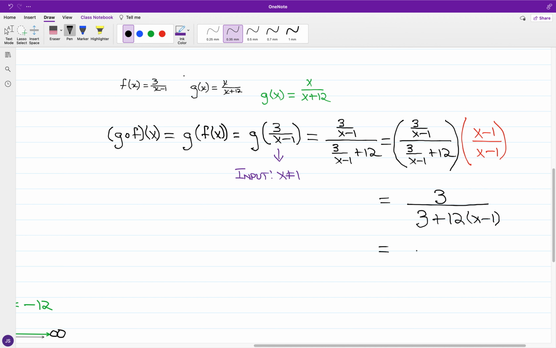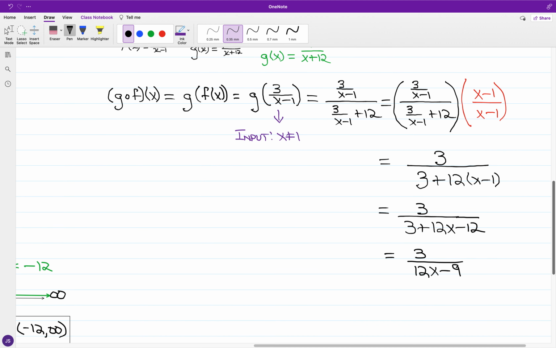And for what we have in following through, we got 3 all over 3 plus 12x minus 12. And this is going to be 3 all over 12x minus 9.